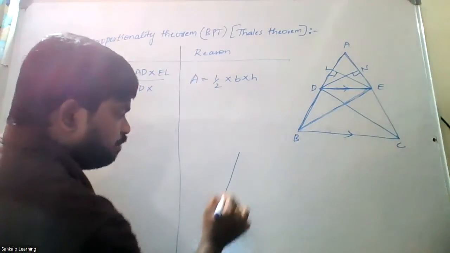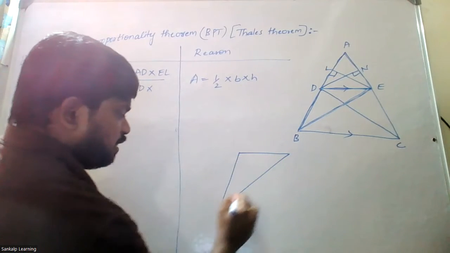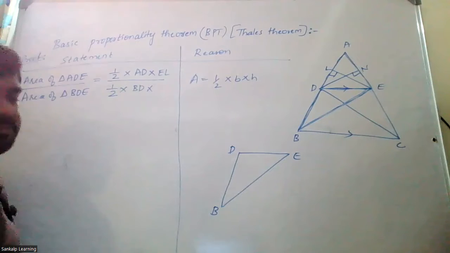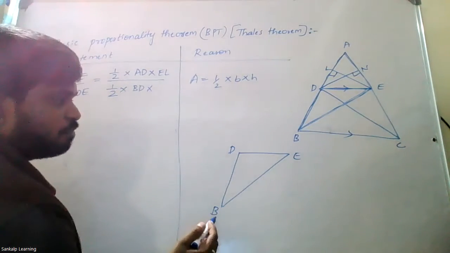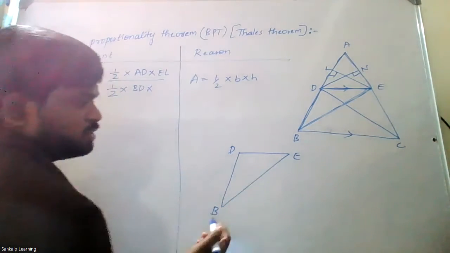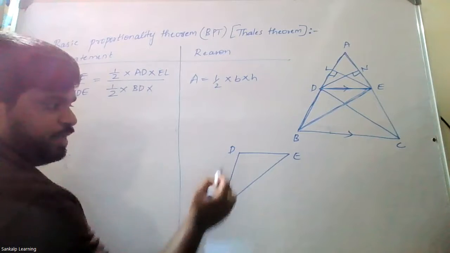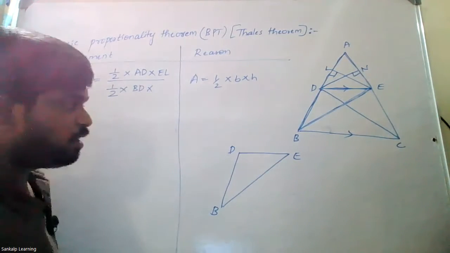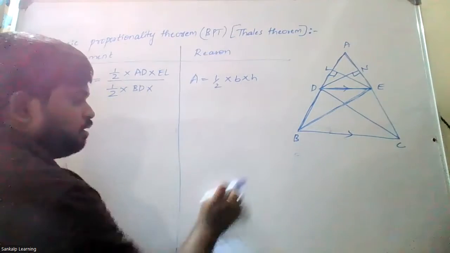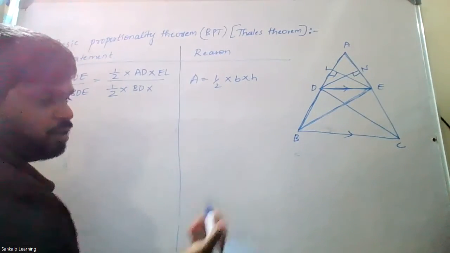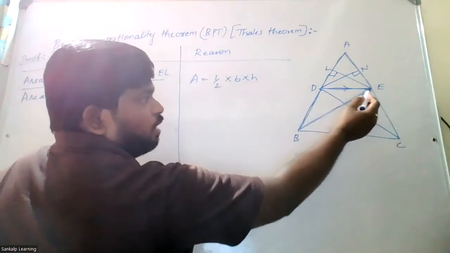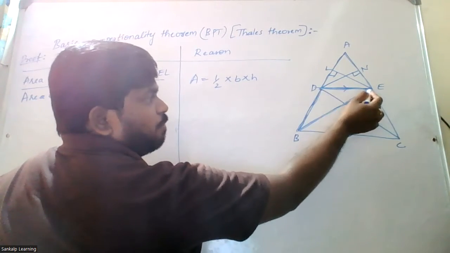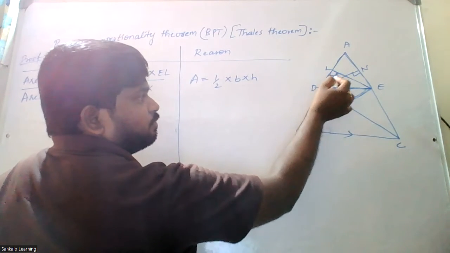Let me draw the triangle BDE. It is something like this, BDE. Okay. Now, if you observe, there is no perpendicular, isn't it? If I take base as BD, from the opposite vertex, you should have a perpendicular, but it is not there. But if you observe carefully, it is actually an obtuse angle triangle. The perpendicular is outside the triangle.